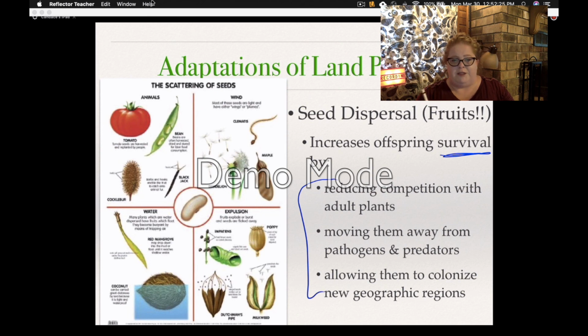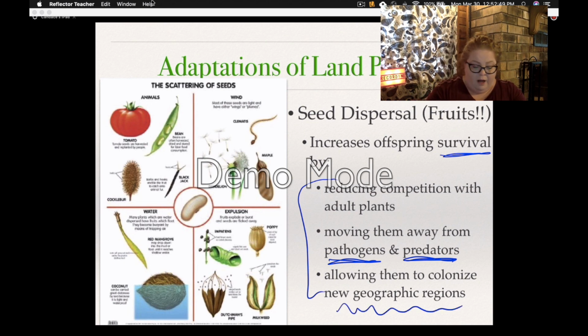It reduces competition with the adult plants. Also, if there are a lot of adult plants in an area, then any predator or pathogen, remember a pathogen is a disease, is going to be present near those adult plants. So it allows the offspring to move away to avoid those, and it can allow us to colonize new areas.